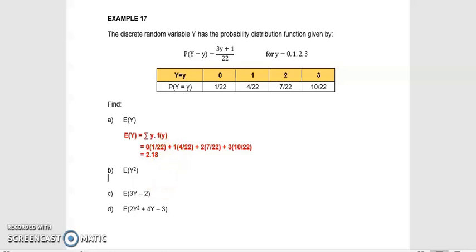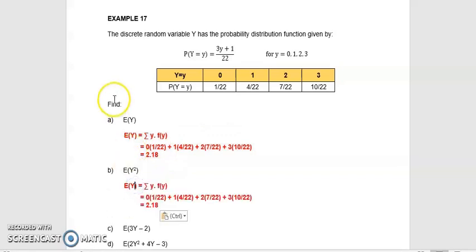E[Y squared]. You just square this part, y squared. So I just copy here and square. For E[Y squared], we should get 5.56.